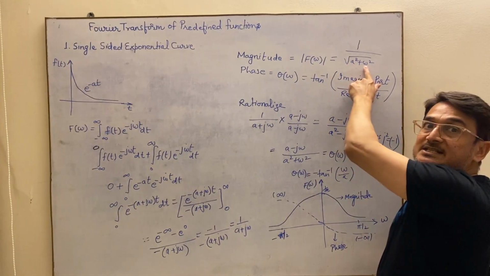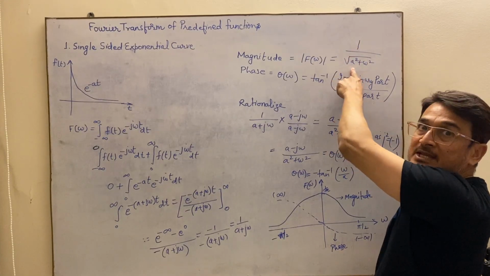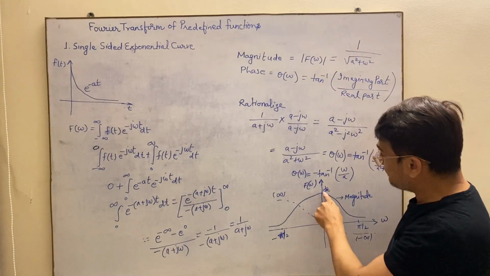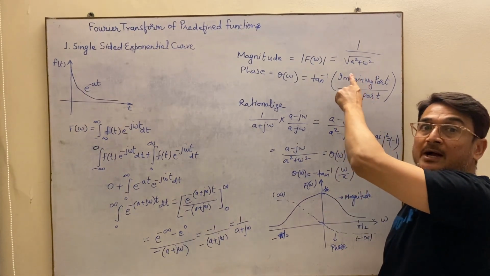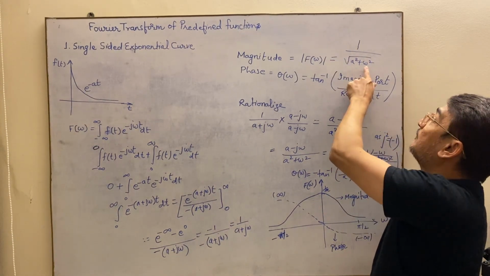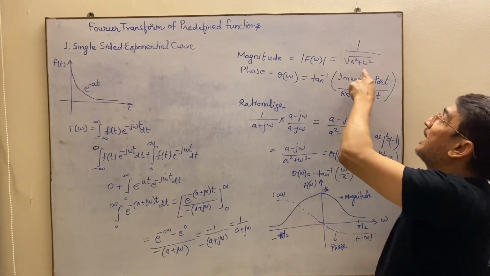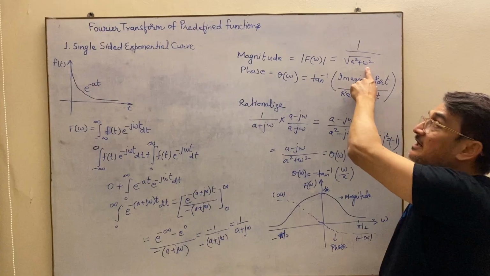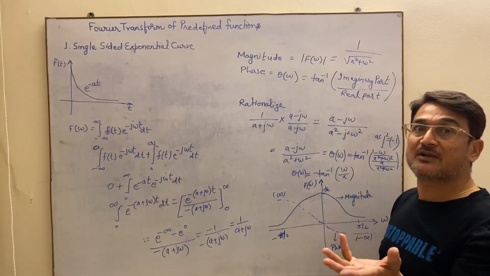If we put omega is equal to 0, it will become 1 upon root a square, which is 1 by a. So that means at omega is equal to 0, it will be 1 by a. And as you increase the value of omega, the value will decrease. If you put omega is equal to 1, it will be 1 upon root of a square plus 1. And if you put omega is equal to minus 1, it will also give the same value, because the square of plus and minus values are the same.